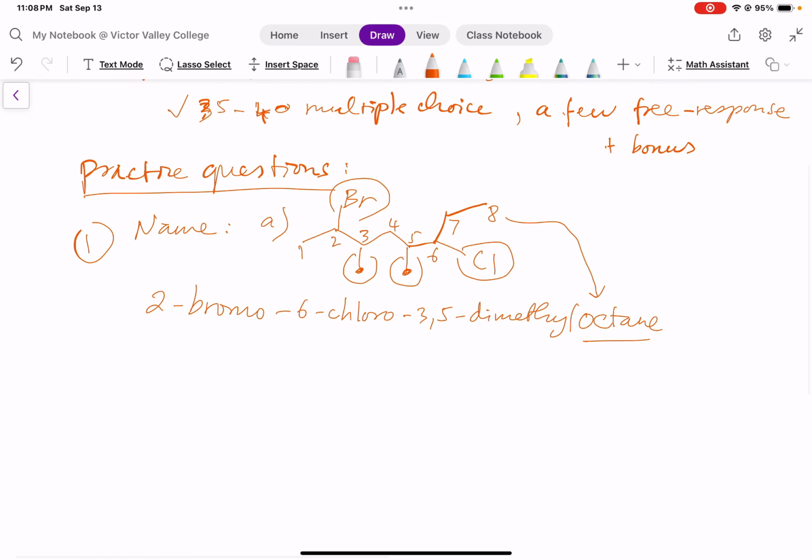Okay, so if you have 2 branches over here and you only have 1 over here, even though it's a bromo, okay, so that's alphabetical order, that's a winner, but that's only 1 branch over here, but there's 2 over here, and they're both the same, 1, 2, or 1, 2, you guys see?